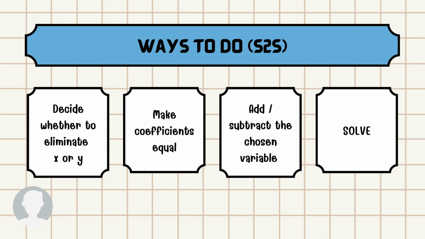Then the second step, after you have decided which variable to eliminate, is to make that variable's coefficients equal. The next step, after the coefficients are equal, is to decide whether you should add or subtract the chosen variable. And the last step is you will be able to solve them correctly.